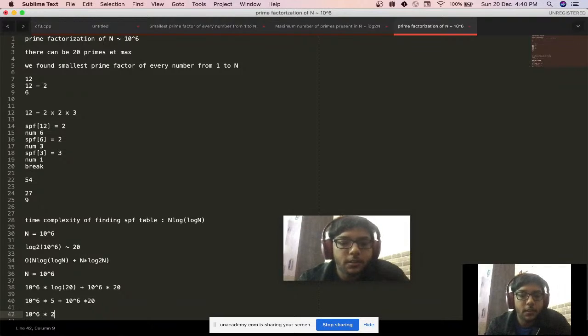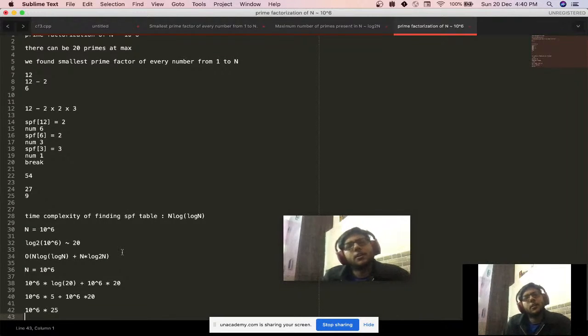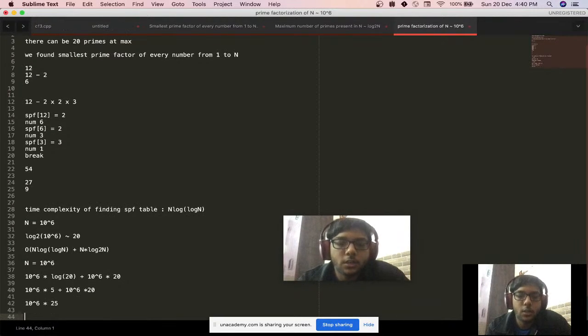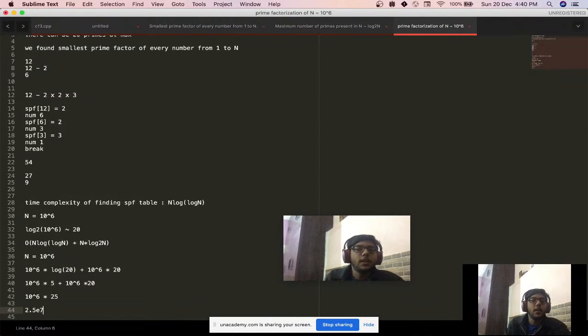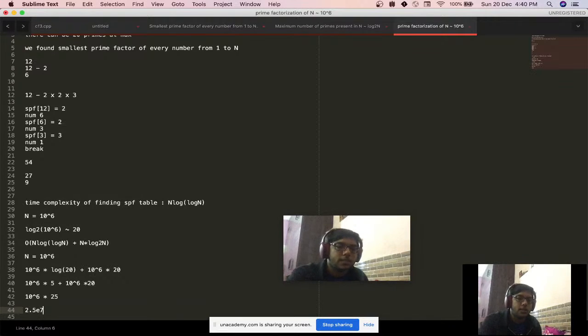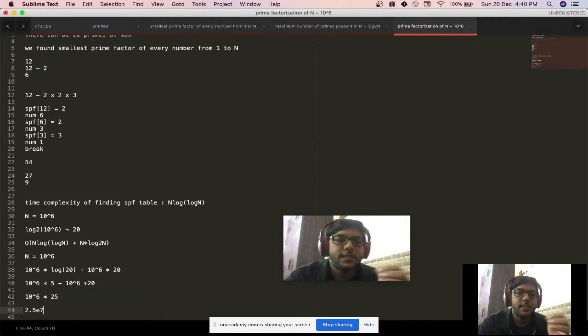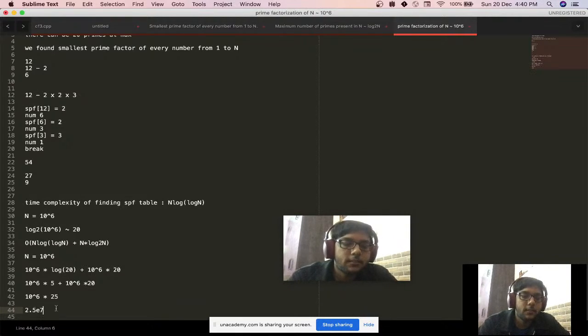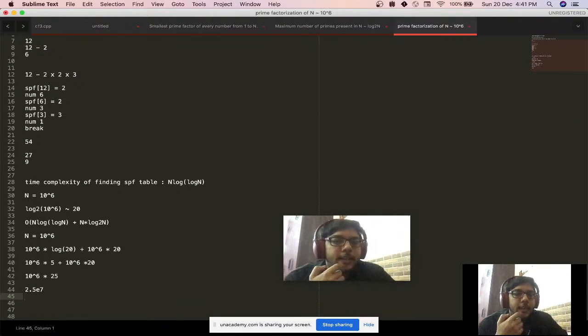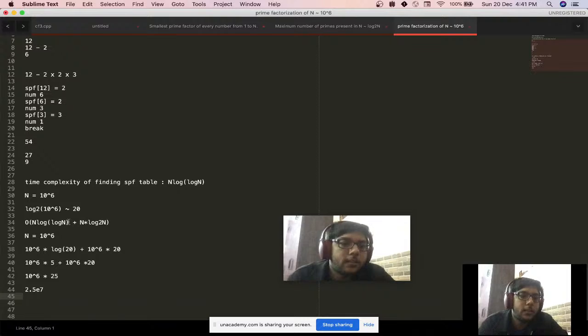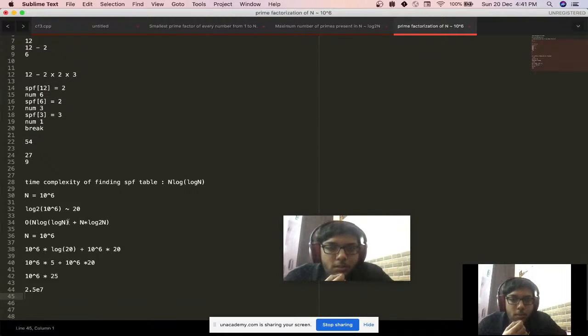That becomes 2.5e7 operations, and definitely it works in 1/4 of a second. Assuming we take 1 second for 10 power 8 operations, this works in 1/4 seconds, and that's pretty fast. So, can we do any other optimizations?